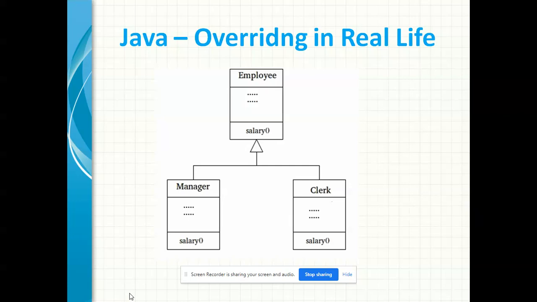But how much they will get is going to vary based on my subclass. Which means in the manager class, I will override the salary method and I will say for manager, this is the salary. And in the same way in the clerk class, I will override the same salary method and give a salary for clerk.